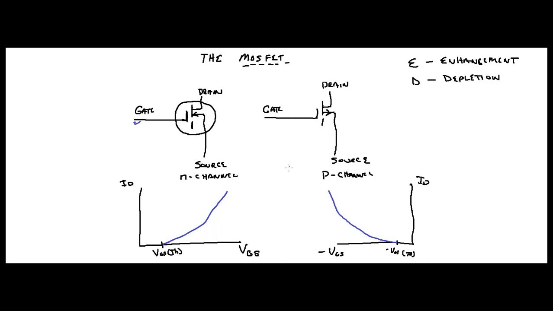But that's the P channel. I really have not concentrated much on the P channel in our discussion. I've always used the N channel. All right, so there's your MOSFET, specifically your E MOSFET. Now, give me a second. I'll be right back, and we're going to continue this discussion with the D MOSFET. See you in a minute.